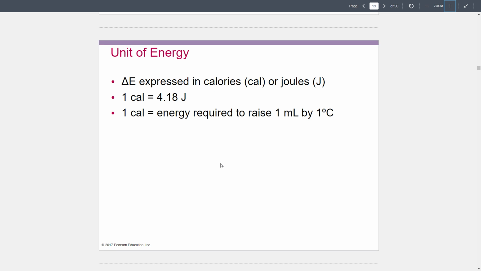So how much energy do I need to sink into this water to raise its temperature by 1 degree Celsius? That's a calorie. It's one of the things that makes water such a fantastic solvent, and one of its unique properties is the fact that it can absorb a ton of energy before its temperature changes.